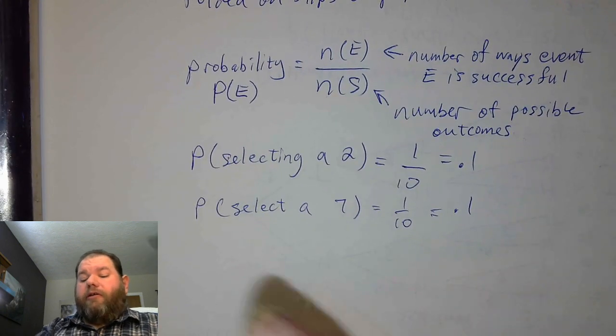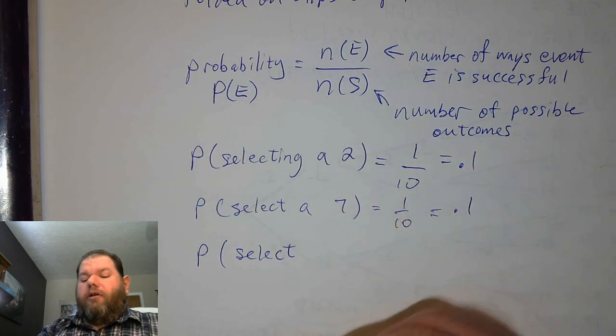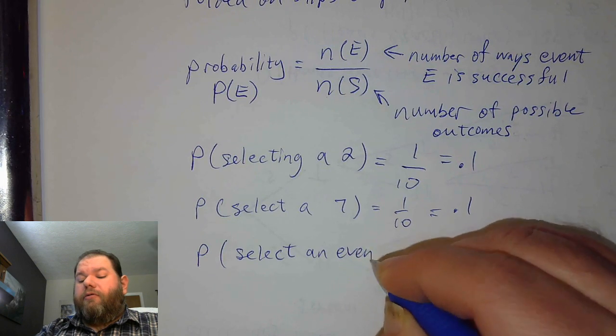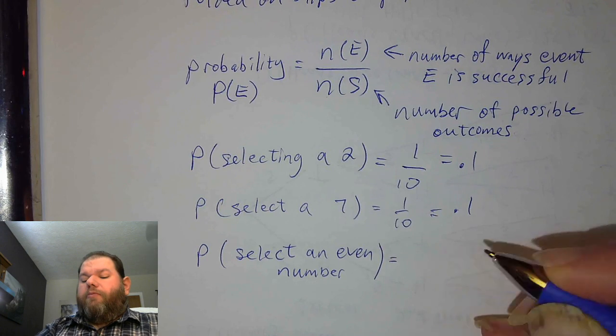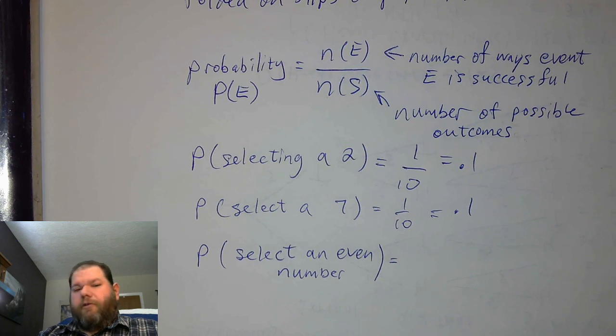Now, we could make a different event. What's the probability of selecting an even number? Well, we think about how many ways could that happen out of the total number of possibilities. So what's the probability of getting an even number if we pick one number at random?